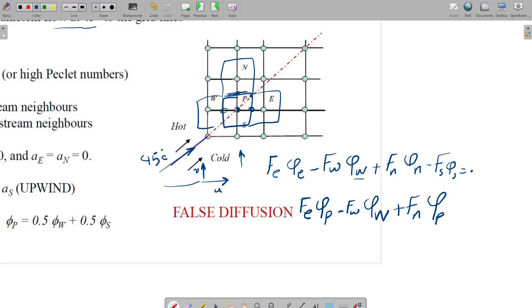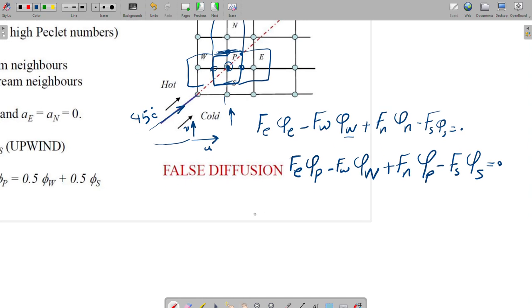Upwind in this phase is phi P minus Fs phi s, in upwind is phi capital S. In this case, if we use the continuity equation, Fe minus Fw plus Fn minus Fs equals 0.